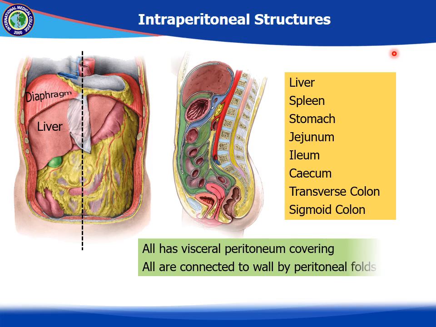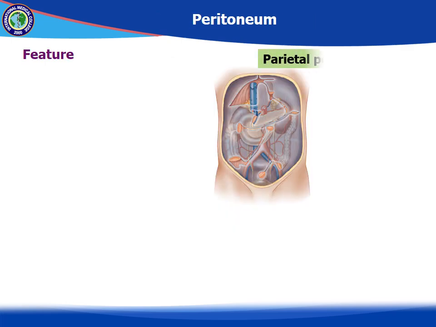All have visceral peritoneum covering the organs. This is the visceral peritoneum, and all are connected to the wall by folds. These are peritoneal folds. This is parietal peritoneum showing on the wall.